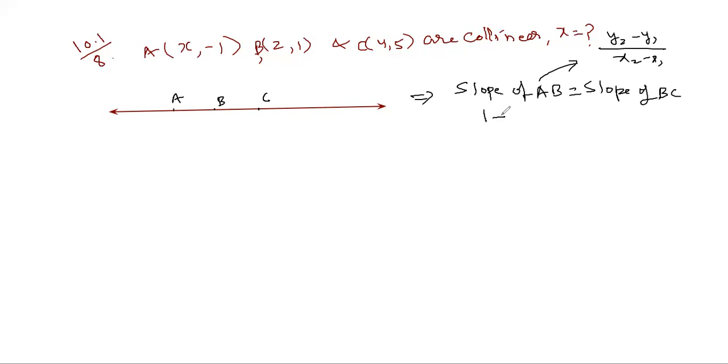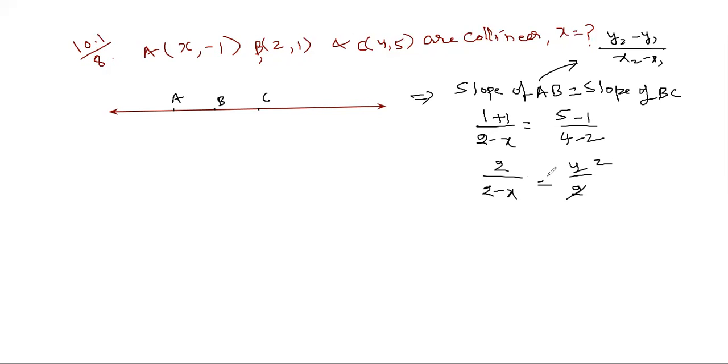So y2 minus y1 is 1 minus minus, plus 1. So 2 upon 2 minus x is equal to the slope of BC, 5 minus 1, 4 minus 2, which is 4 by 2.